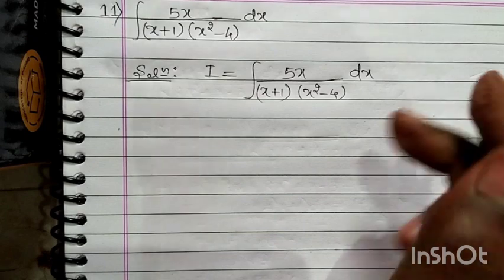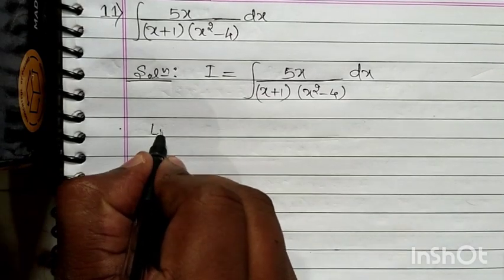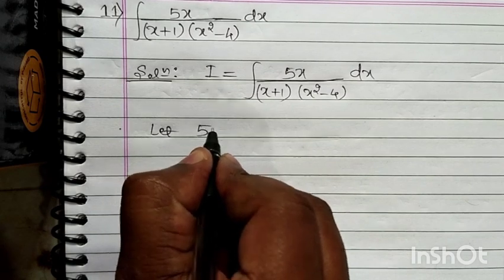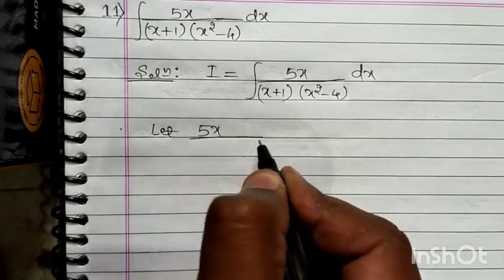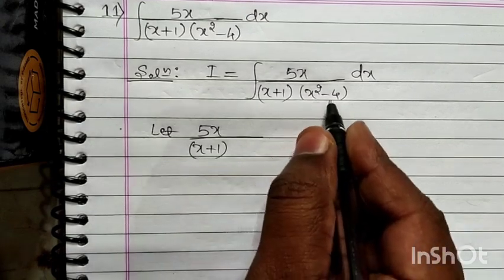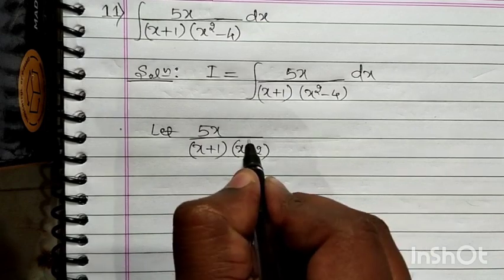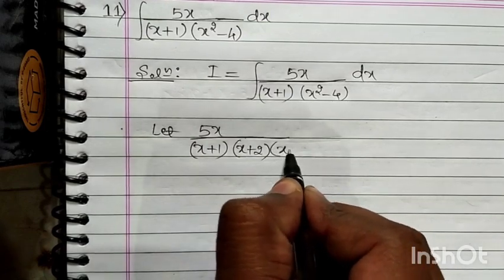So now we have to take only the integrand part. So here let 5x divided by (x plus 1)(x square minus 4) be written as 5x divided by (x plus 1)(x plus 2)(x minus 2).